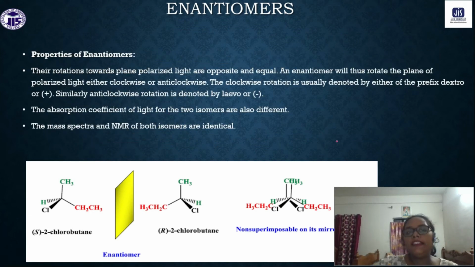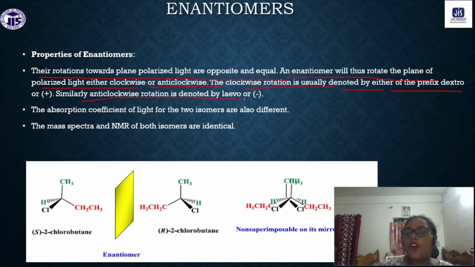Now, the properties of enantiomers. What properties do enantiomers have? Their rotations of the plane polarized light are opposite and equal, and enantiomers will thus rotate the plane polarized light in either the clockwise or anti-clockwise direction. The clockwise rotation is usually denoted by the prefix dextro or positive.